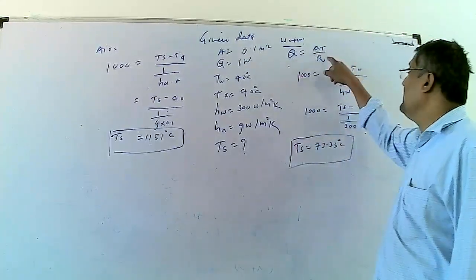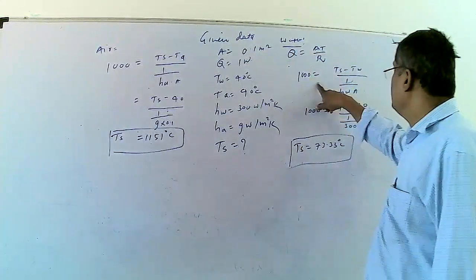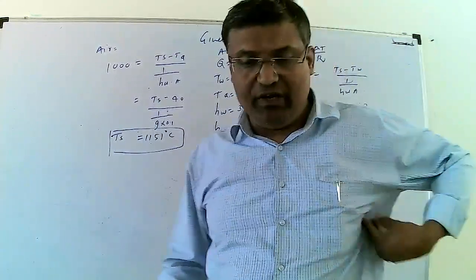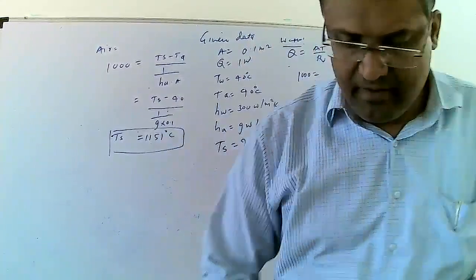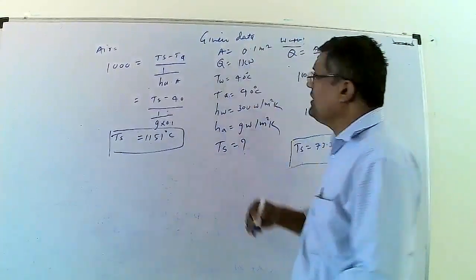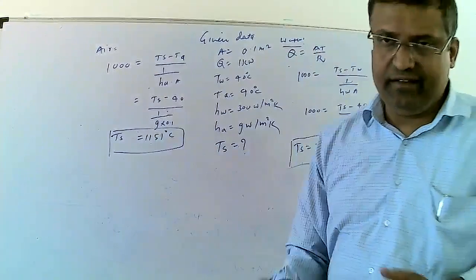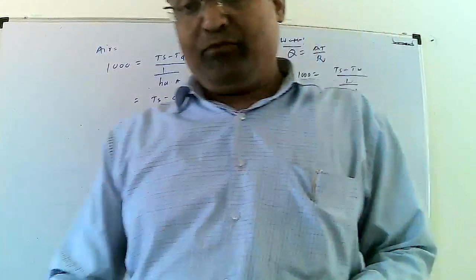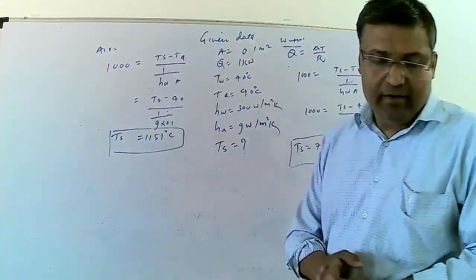The formula Q is equal to delta T upon R. Then convert into watt: 1000 equals (TS minus TW) upon 1 upon hW A. Then we put all values and easily calculate the unknown value. Here the heat transfer rate is given in kilowatt, and 1 kilowatt is 1000 watt.